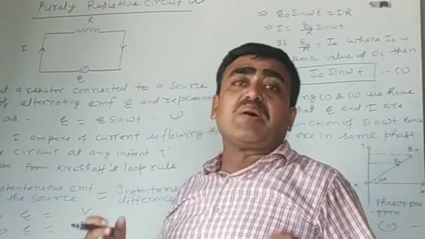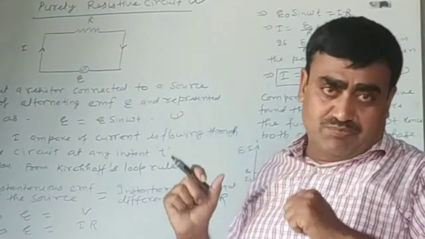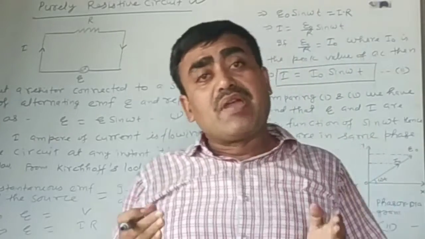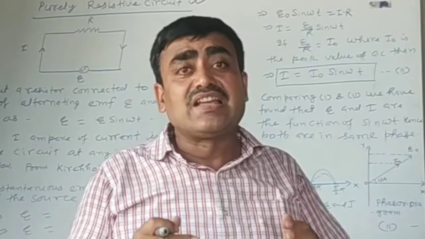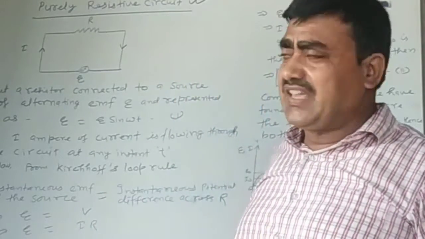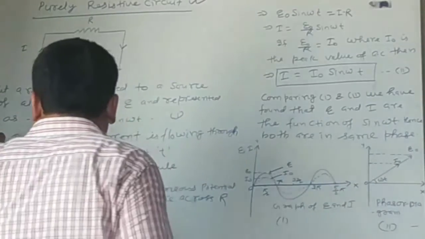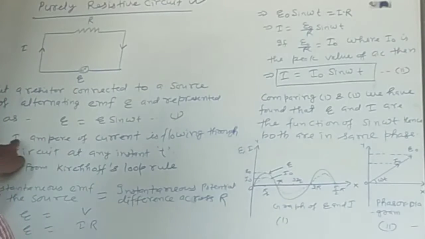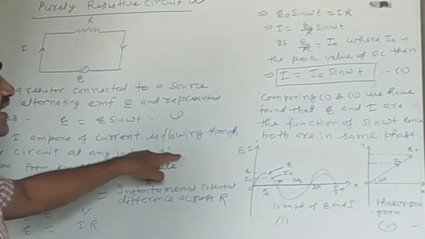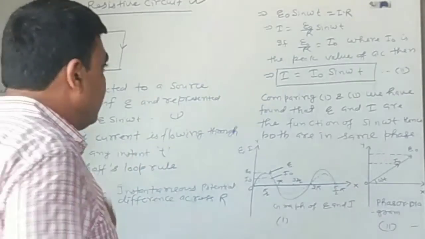When some amount of EMF is provided to the circuit, then some amount of instantaneous current is flowing in the circuit. Let that current be I ampere at any instant of time t.